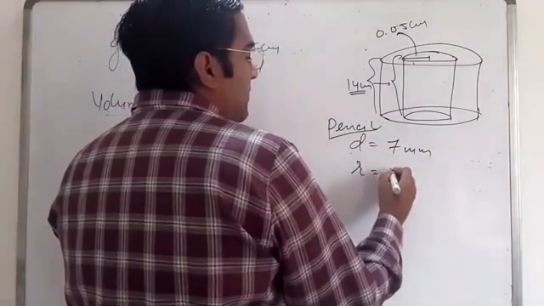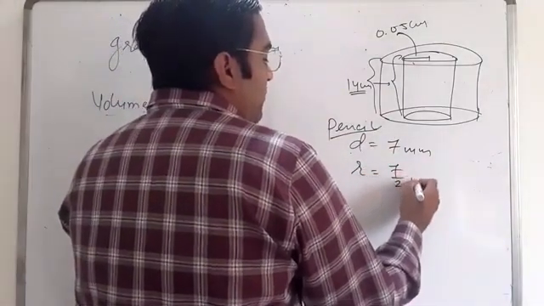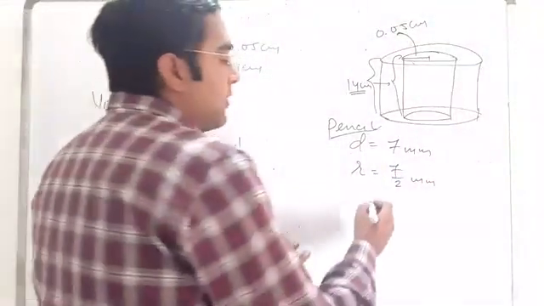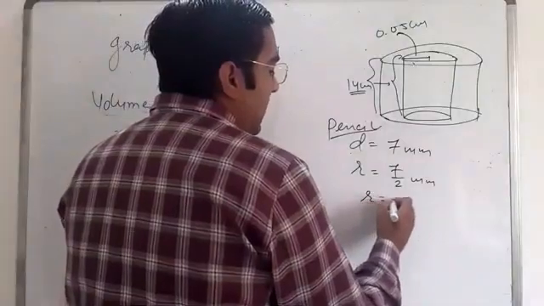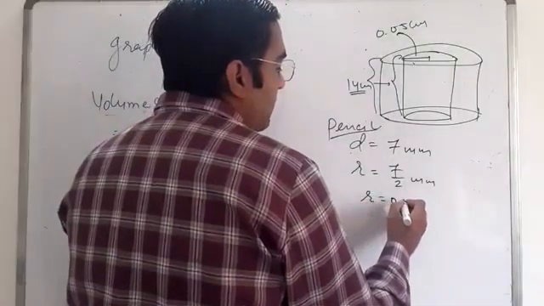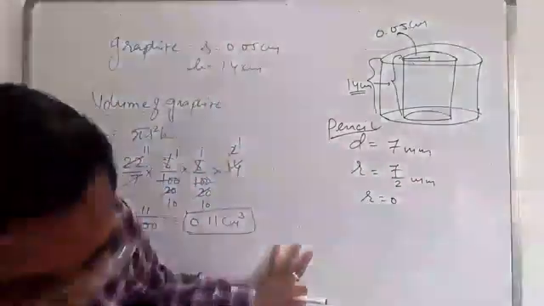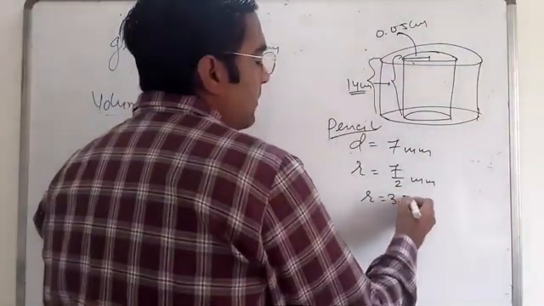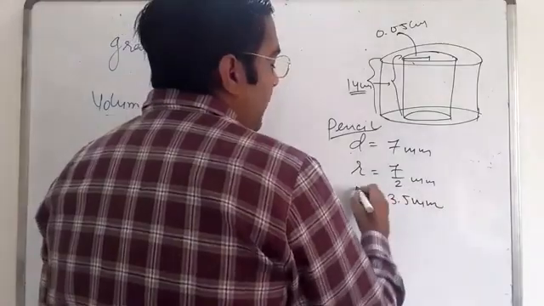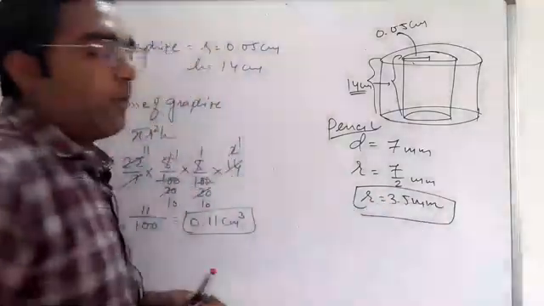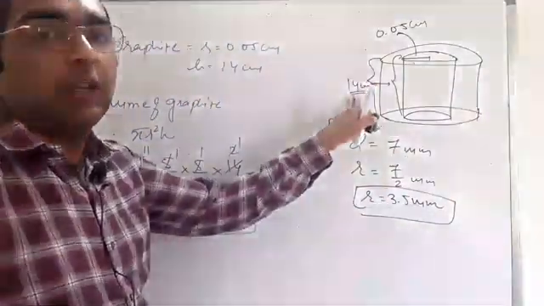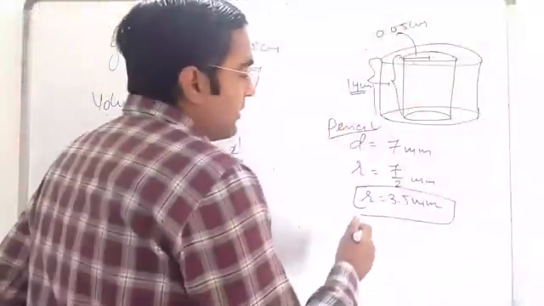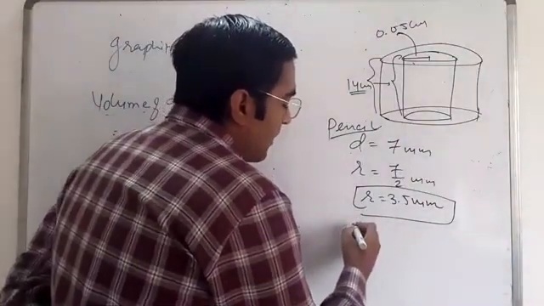So the radius is 7 by 2 mm, that is 3.5 mm. Now I have to convert this mm into centimeter, because my height is given in centimeter, so that's easy for me to find.